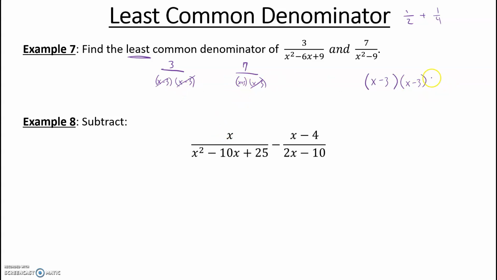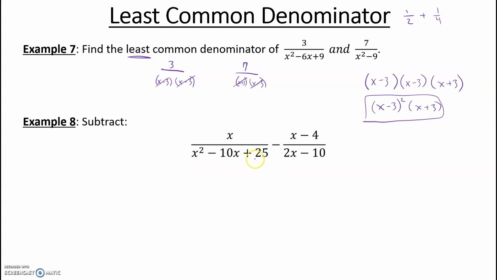And then this one has an x plus 3, so we have to use that as well. You could also write this as x minus 3 squared, right? You need 2 of them and an x plus 3. So that would be your least common denominator between the two of those.